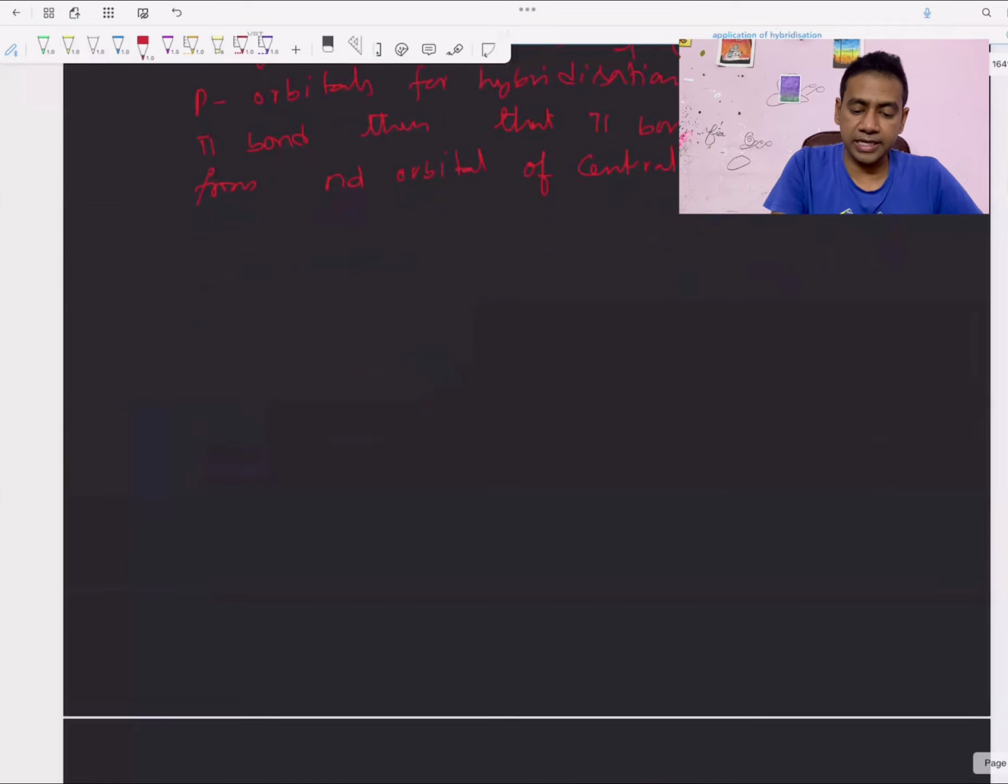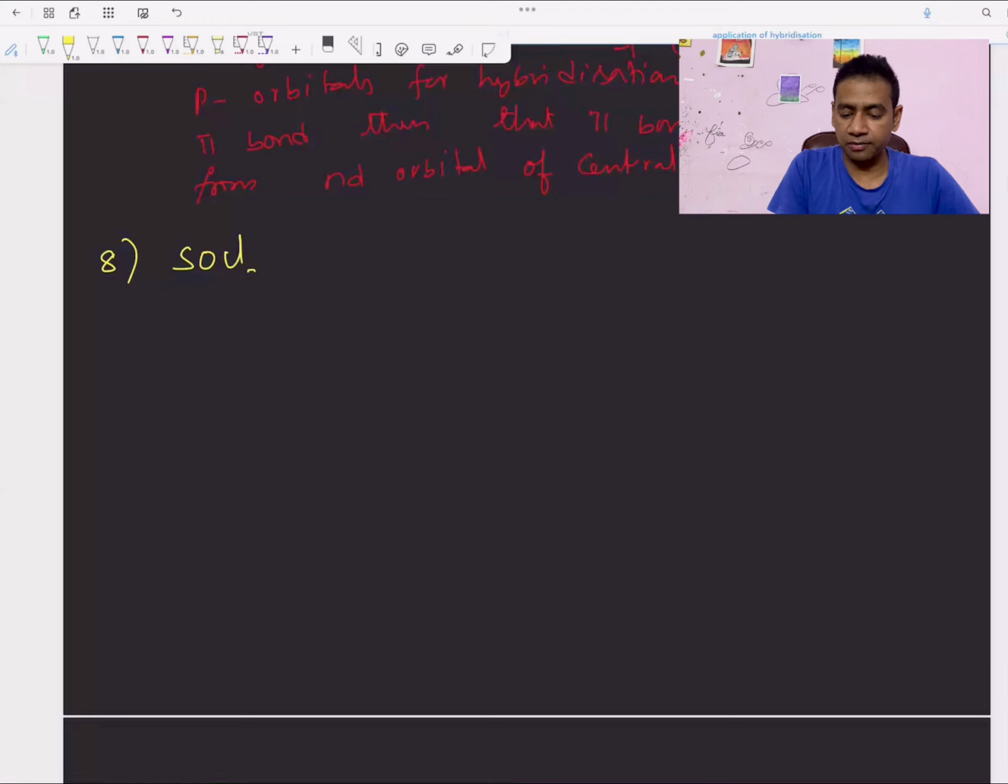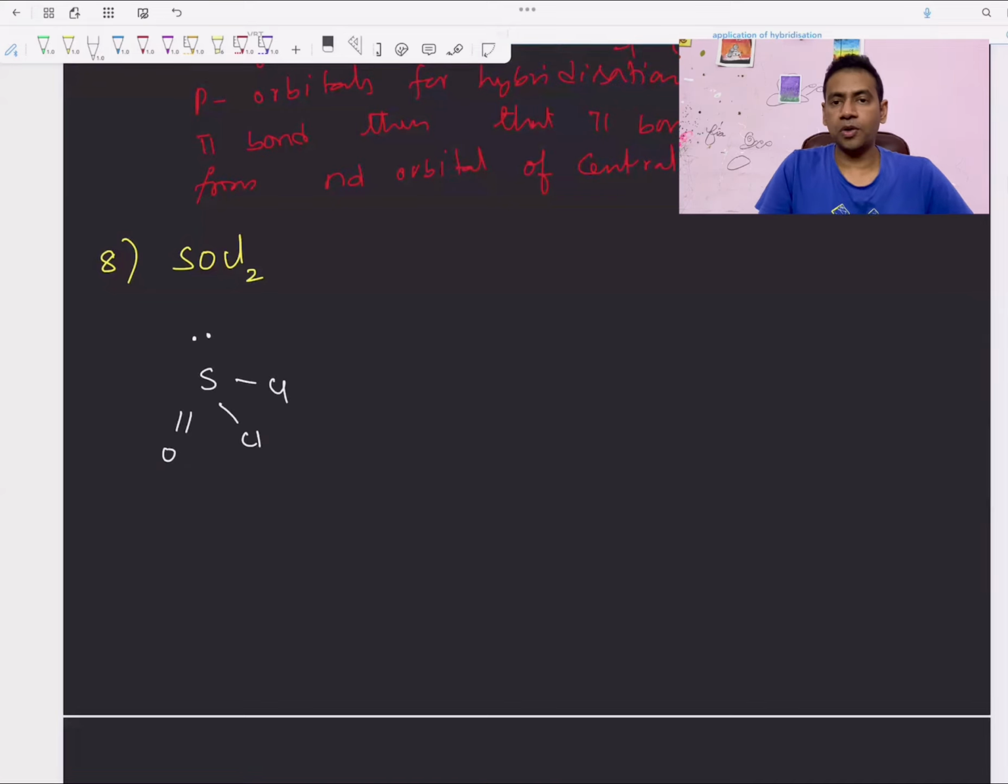Now let us take example 8, SOCl2. Again, make a VSEPR prediction of the geometry of the molecule. We have a double bond to O, two Cl, and a lone pair. In total we have 4 electronic domains.